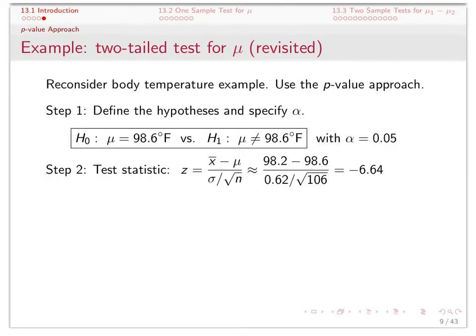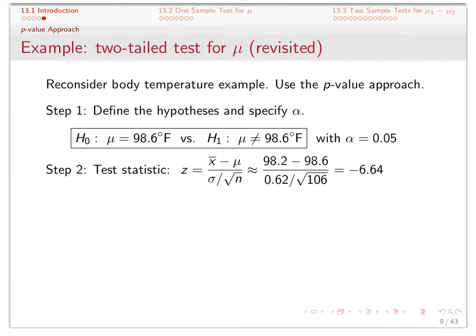So if we revisit the body temperature example and we want to use the p-value approach, the question is, again, should we abandon the common belief that the mean body temperature of a healthy adult is 98.6 degrees Fahrenheit? In other words, is the sample mean body temperature of a healthy adult significantly different from our assumed population mean of 98.6 degrees Fahrenheit?